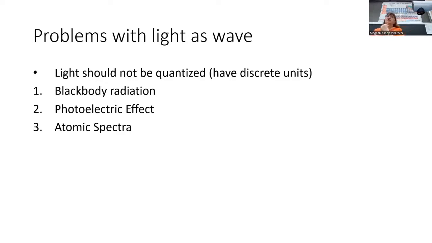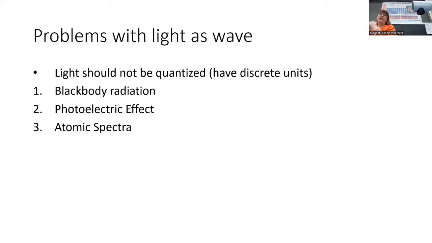But in the 20th century, technology evolved in such a way that we developed some things that helped us see, you know what, there are some problems. Light should behave as continuous. We said that was one of the characteristics of a wave. It shouldn't behave as if there were individual units of light.